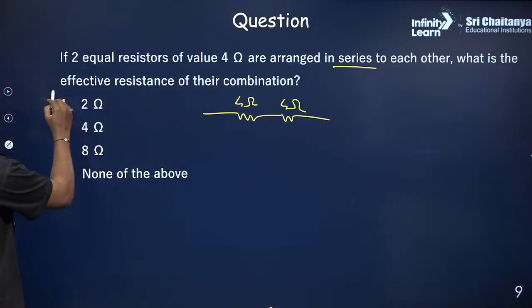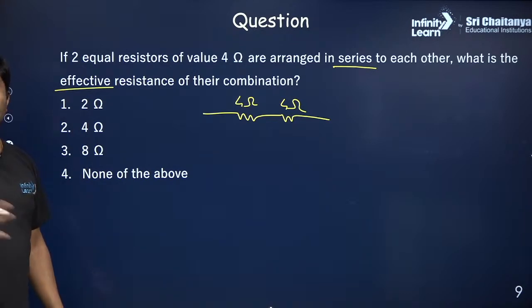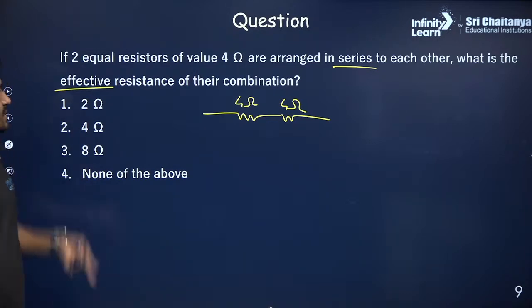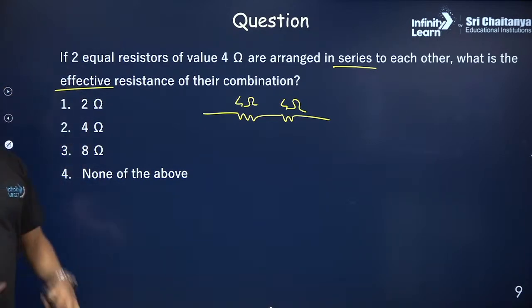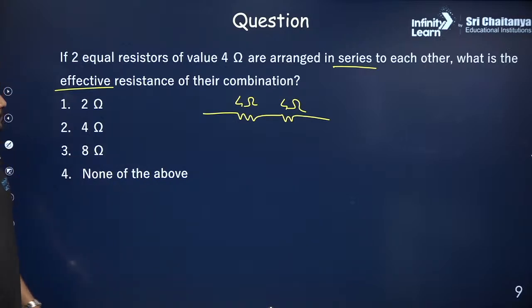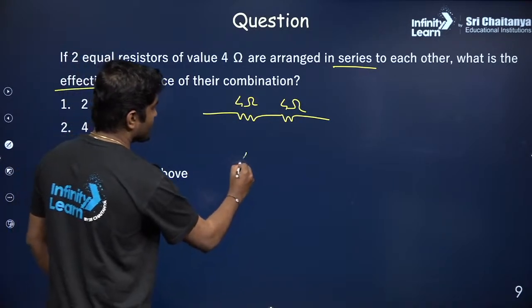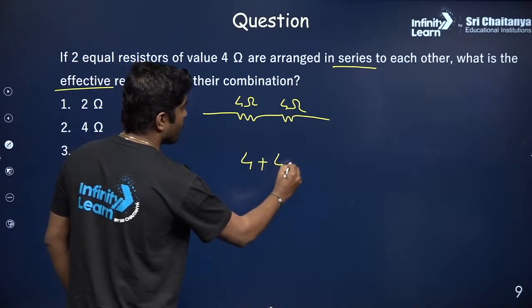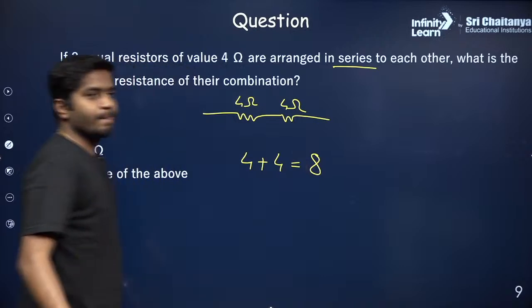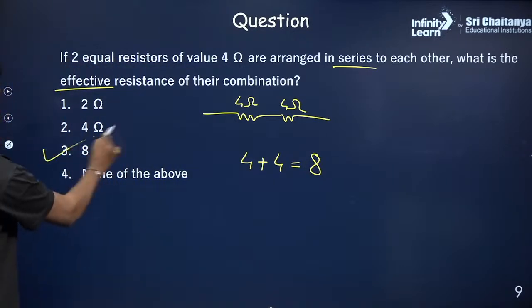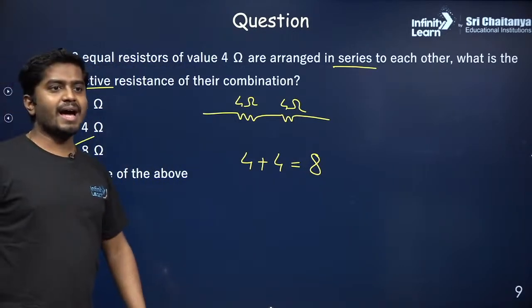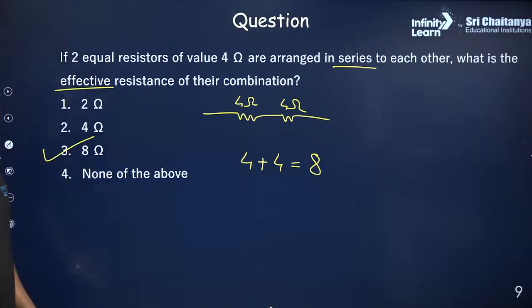There can be different words: effective resistance, equivalent resistance, net resistance, total resistance. You can use different words. All of these mean same. When you arrange them in series, you just add. So it is 4 plus 4, that would be 8. So the answer would be 8 ohms. Nice, you are able to solve, great.